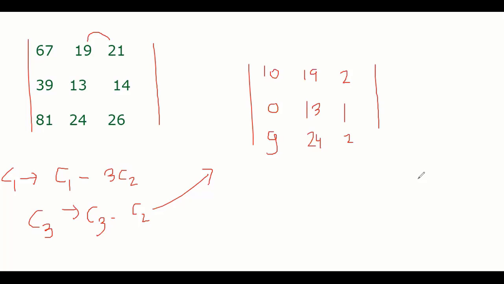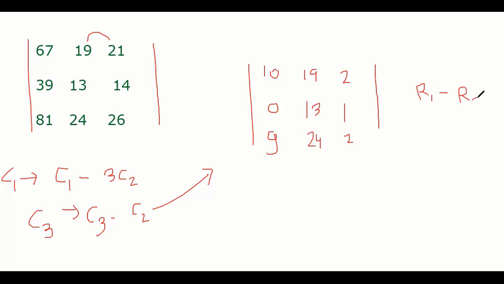Little better, right? Now tell me, we can do something more. I can see in row 1 and row 3, one element is the same. We can subtract R1 minus R3 at R1 itself. So I am doing R1 minus R3.